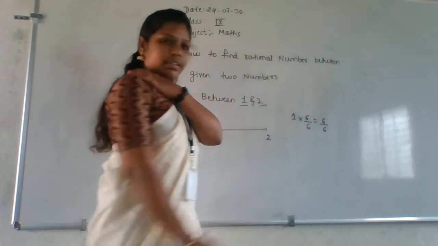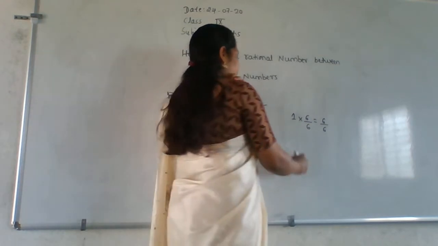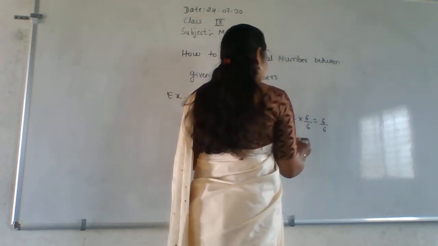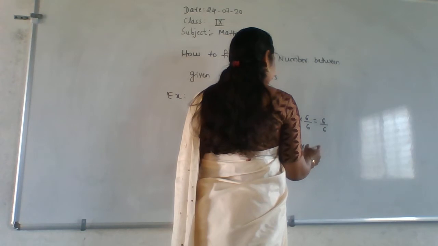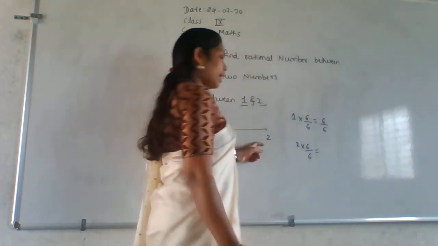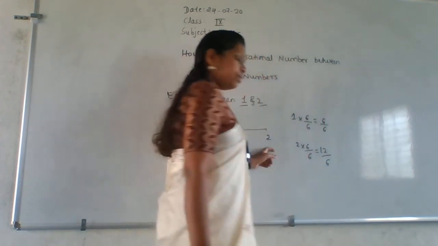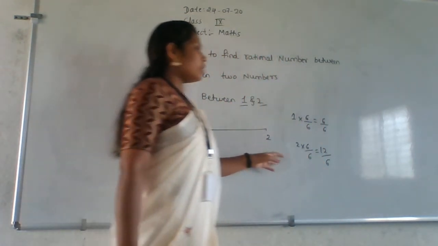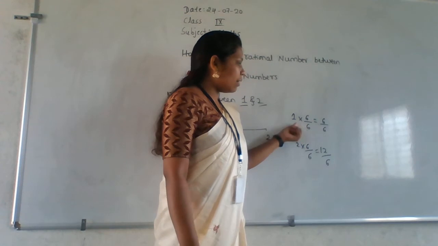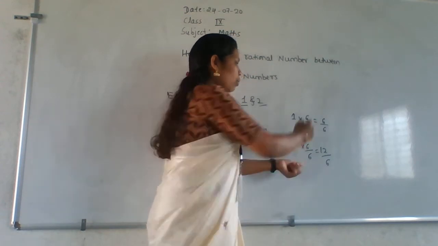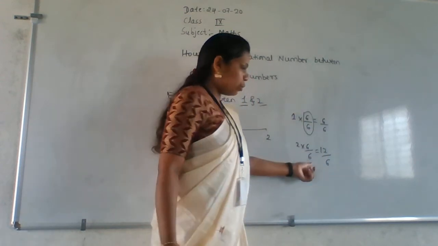Again, multiply 2 by 6 by 6. 6 into 2 is 12, so we get 12 by 6. Whatever value you multiply 1 by, that same value you have to multiply 2 by also.